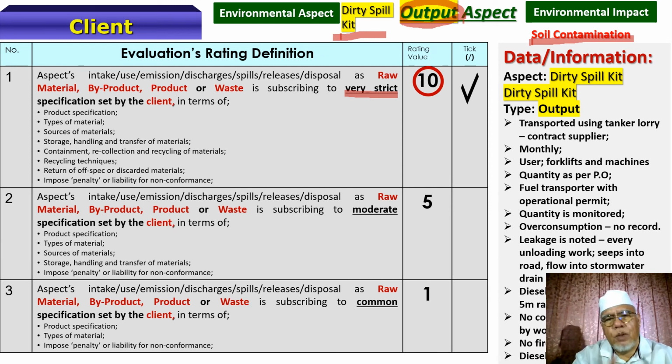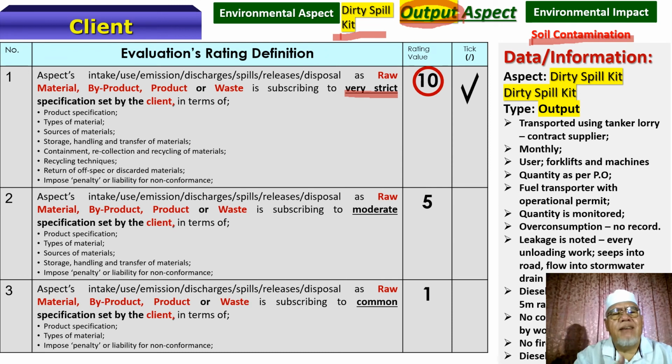So that would be indirectly imposed by the client upon us through purchase order terms and conditions, through sales or hire purchase terms and conditions, very strict. Okay, so those clients, of course, don't say specifically that dirty spill kit must be incinerated. They don't say that.